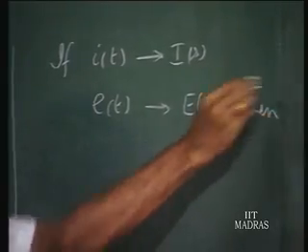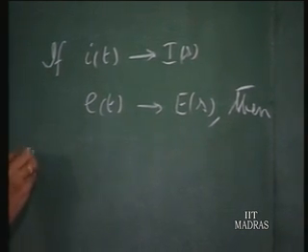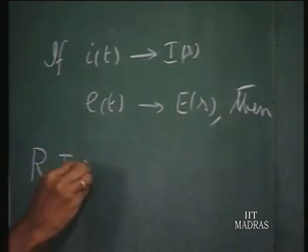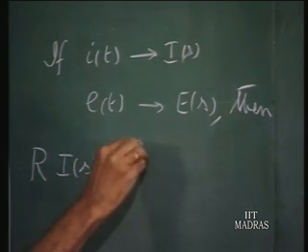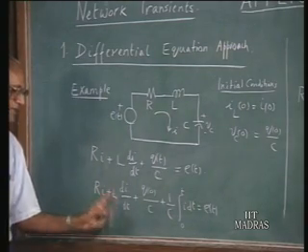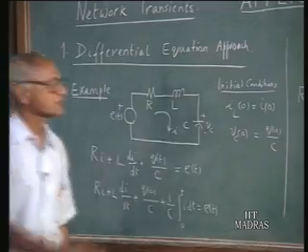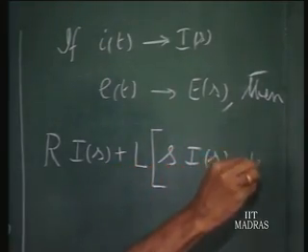Then term by term transformation of these terms will yield us R times I of s plus L times the Laplace transform of di/dt. Laplace transform of di/dt is s times I of s minus I0.